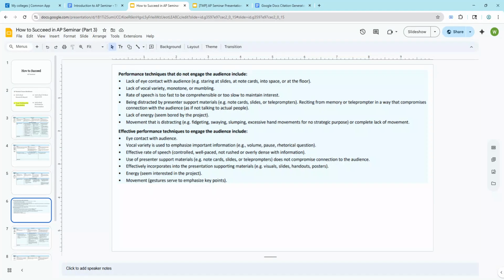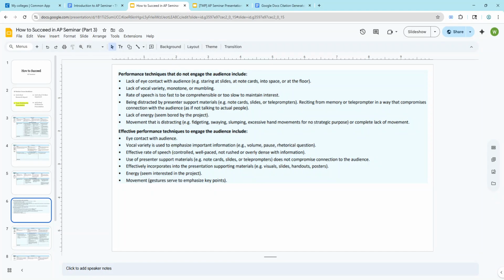Now, what are the effective performance techniques that do engage the audience? Eye contact with the audience. Vocal variety is used to emphasize important information: volume, pause, rhetorical question. Effective rate of speech, controlled, well paced, not rushed or overly dense with information.